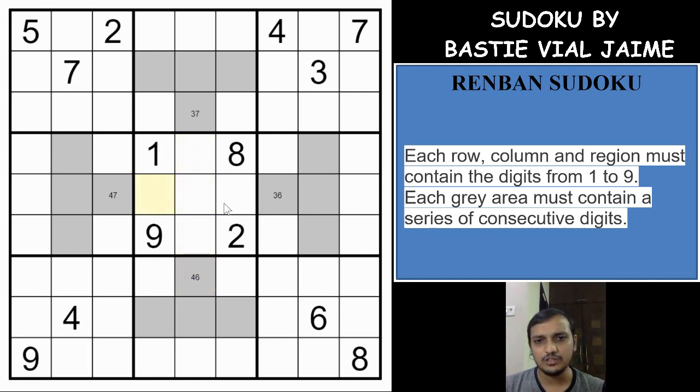That means you will have 4 in these 2 cells, which will get you a 7 here, and due to the 7 here, you cannot have 7 in these 3 cells, which will get a 7 in these 2 cells, this and this, which will get a 3 here, which means that 3 will not come in these 3 cells and has to be here, and which will get a 6 here, which will be here and here, right?